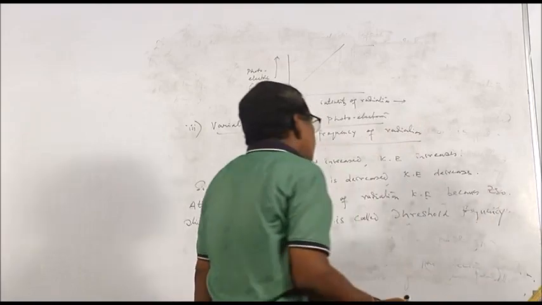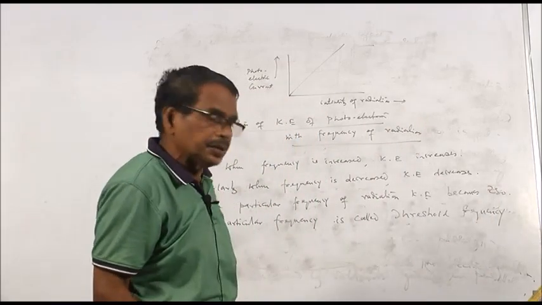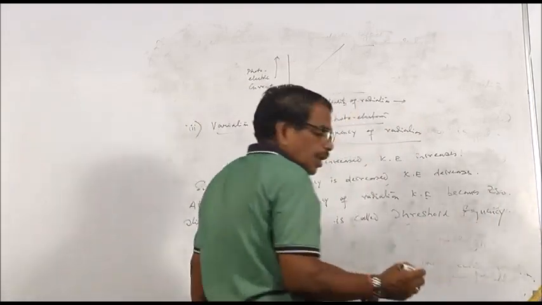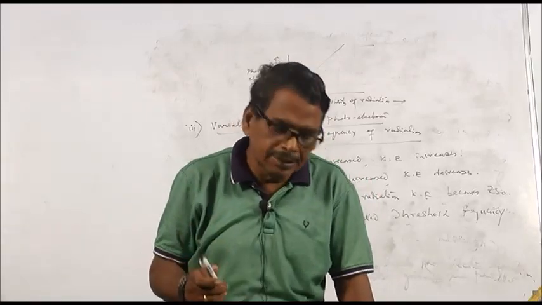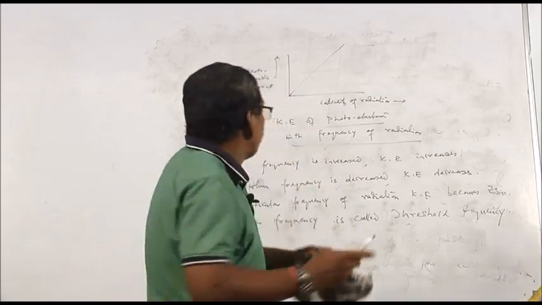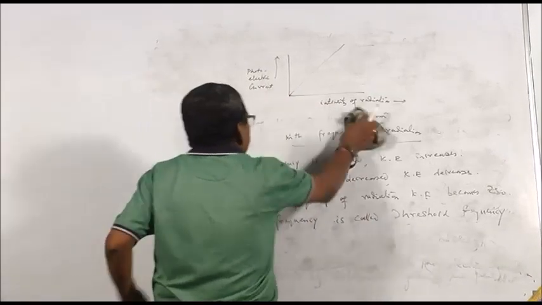Threshold, this particular frequency is called threshold frequency. If a graph is plotted between frequency of radiation and maximum kinetic energy, you will get a straight line of this form.